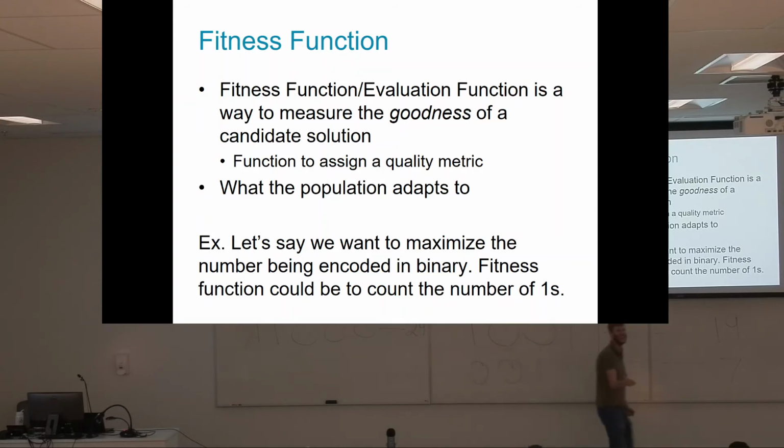What would be the case for the best possible genotype? 5 ones. How many ones does this have? How many ones does this have? Which one's closer to the best in the genotype space? Even though that's better in the phenotype space.